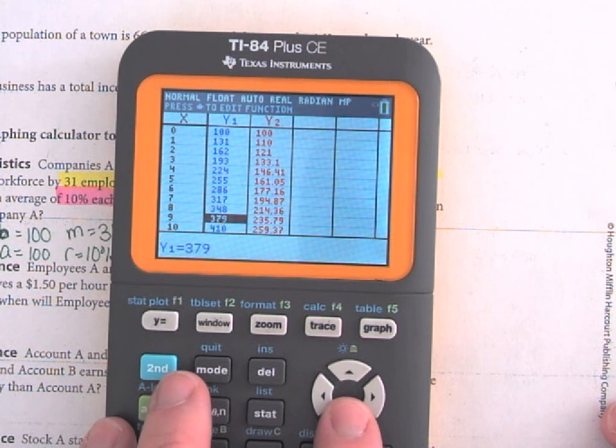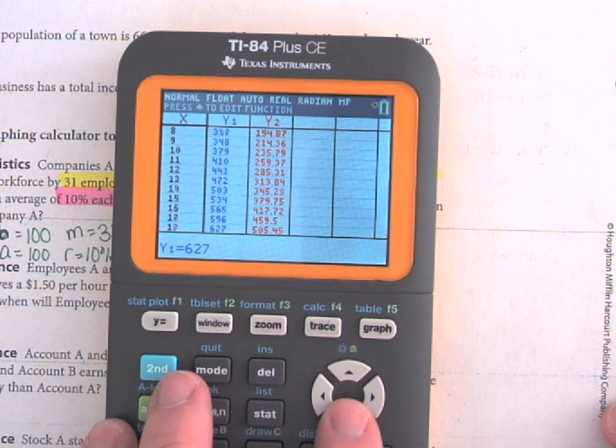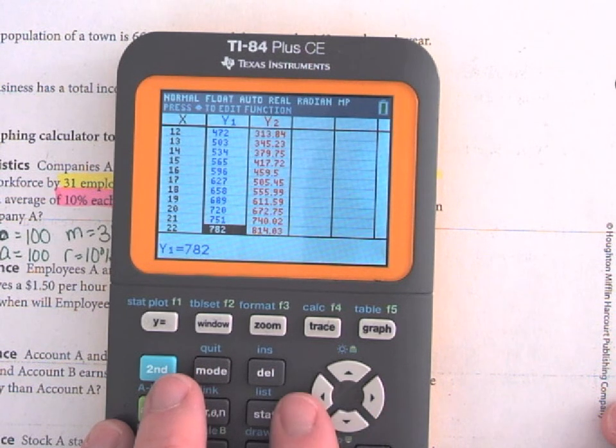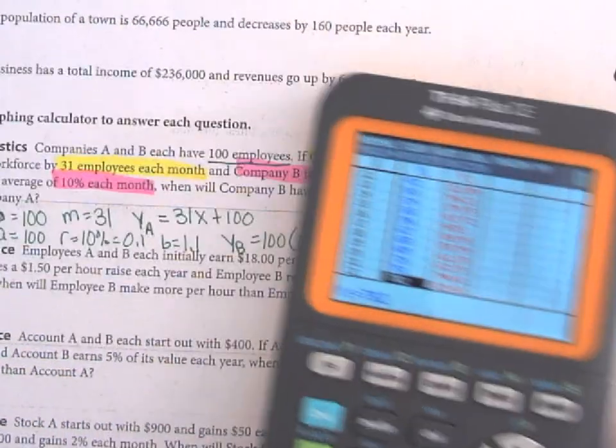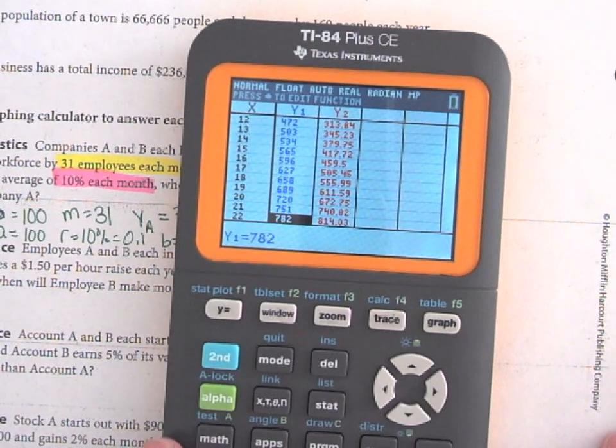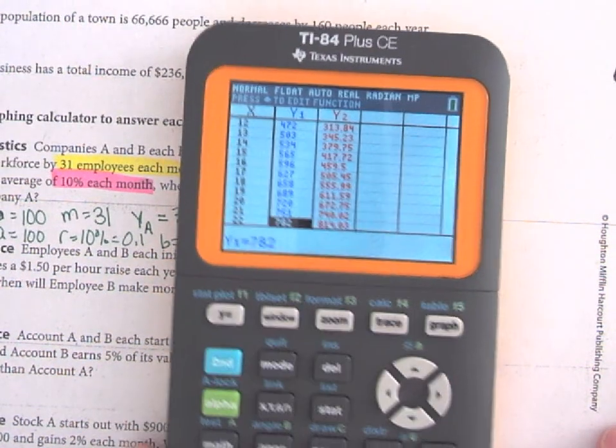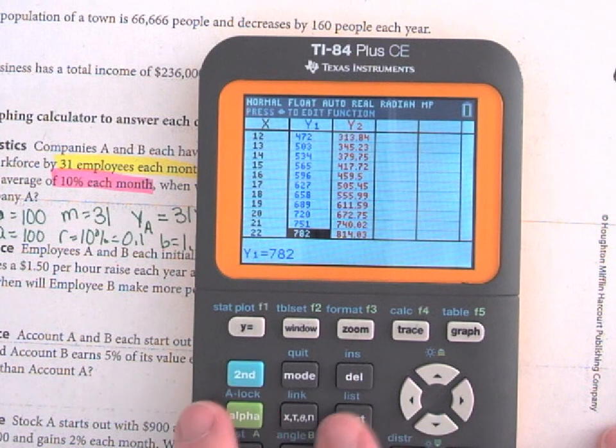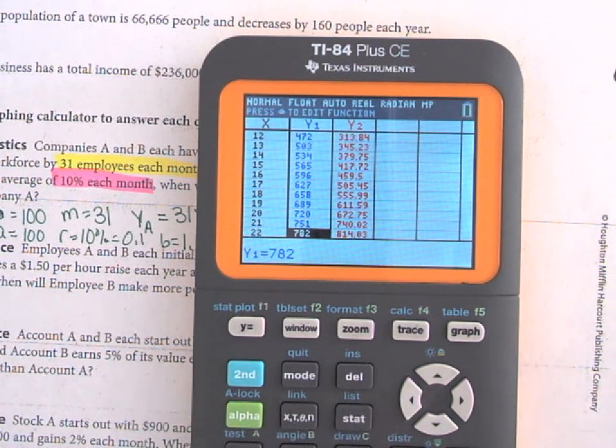So that does not happen for quite some time. Does not happen for 22 months. Okay, so after 22 months, you can see that the value for company B is higher.